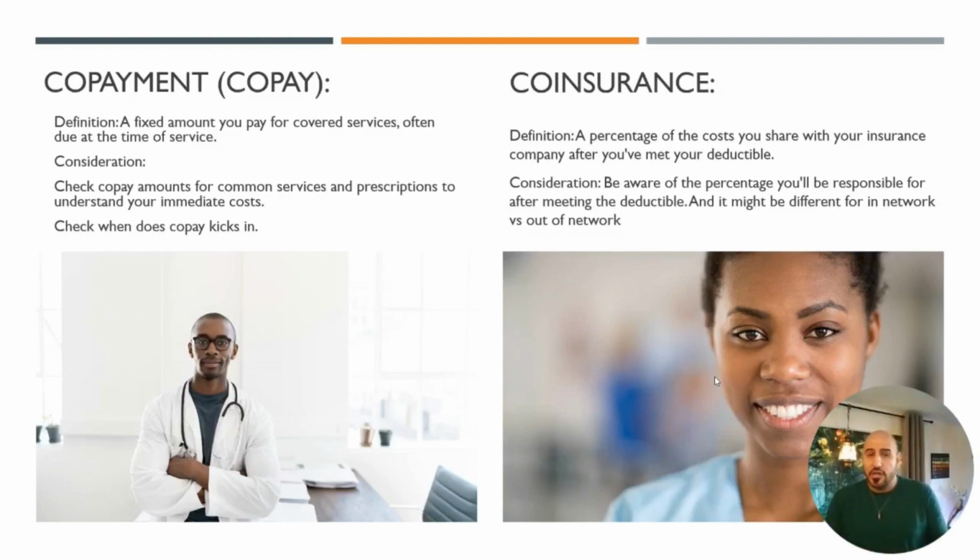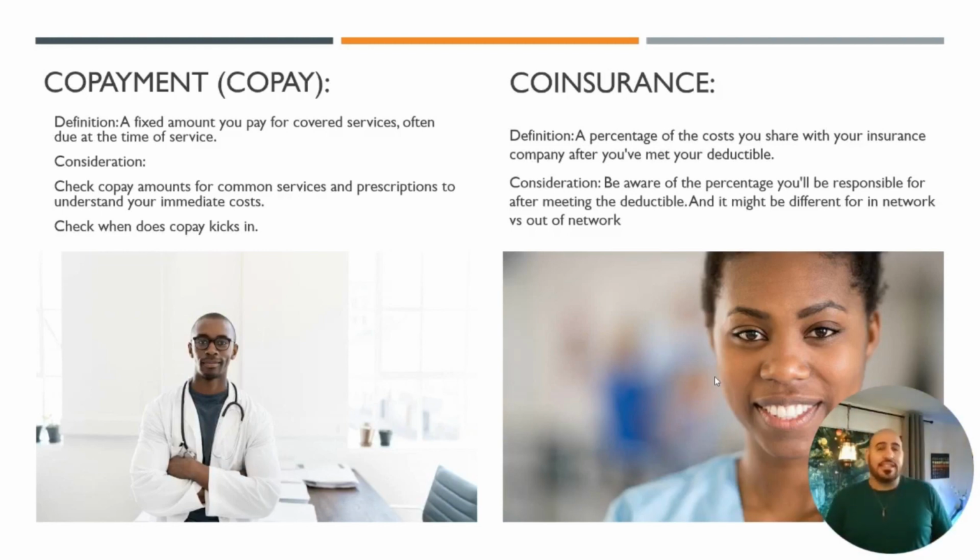Sometimes it's different for generic drugs than other drugs. A PCP visit is different than a dental visit, than a specialist in network versus out of network. So make sure that you understand what your copay is, whatever your plan is.